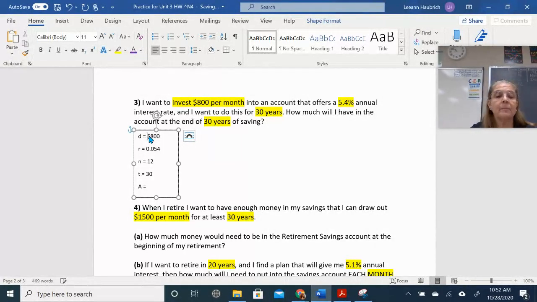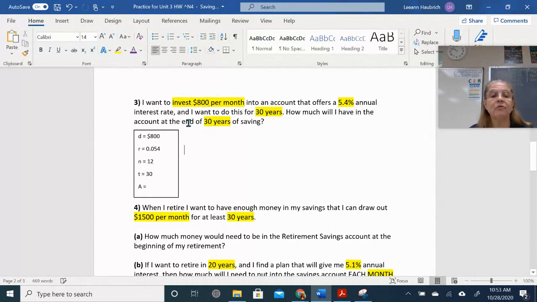Okay, let me go back to show you where I got all of this. I want to invest $800 per month into an account that offers 5.4% annual interest rate for 30 years. How much will I have in the account at the end of 30 years of savings?